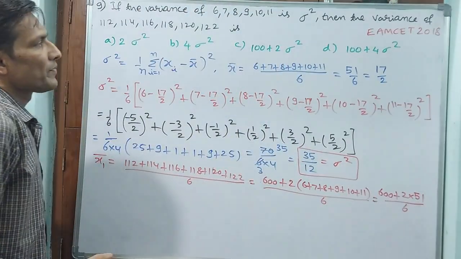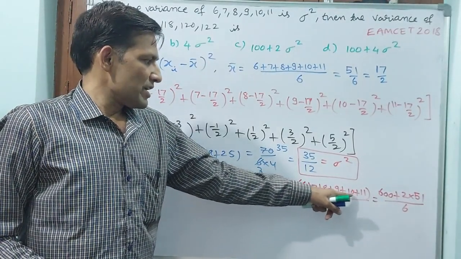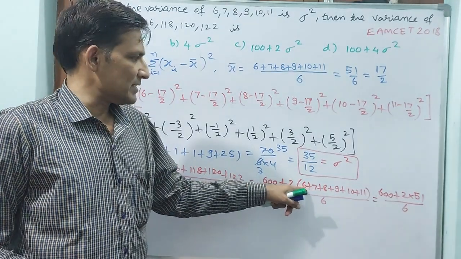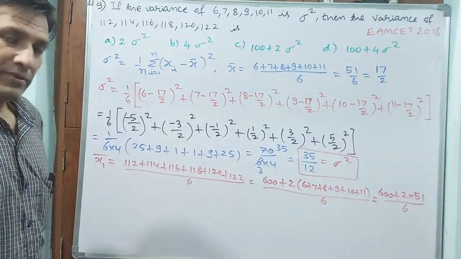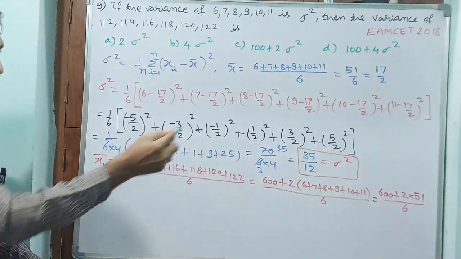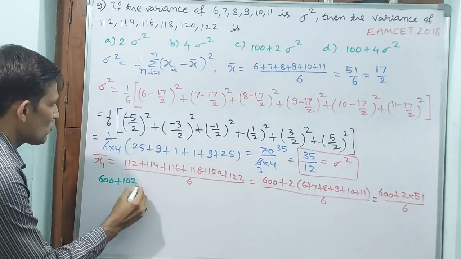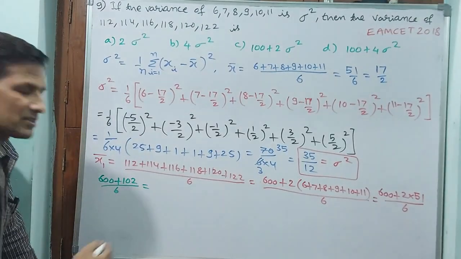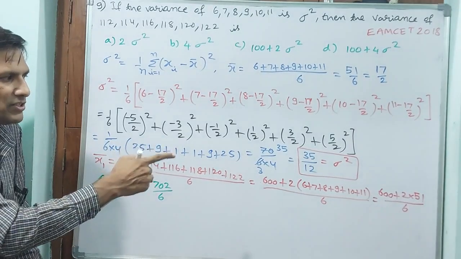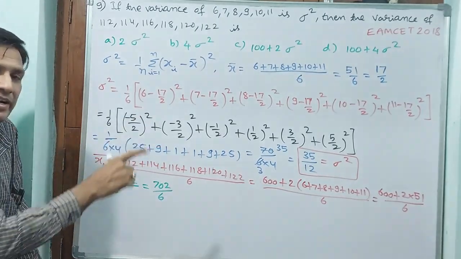Is it okay? First you see, 20 plus 10, 30, 30 plus 15, 45 plus 6, 51. 51 into 2 is 102. Now 600 plus 102 by 6, that is equal to 702 by 6. 600 plus 100 is 700, but 51 is there, 50 means 700, 51 means 102.